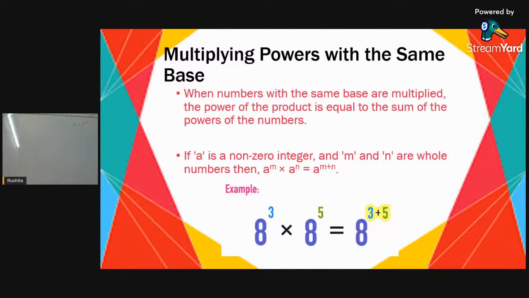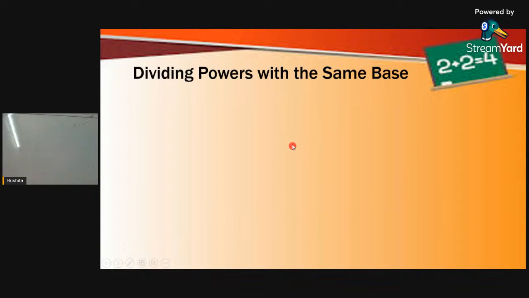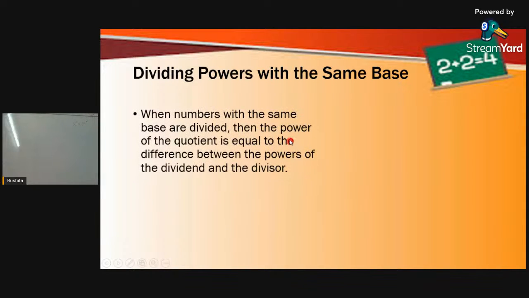So now let's go to the next one. Dividing powers with the same base. Now we are gonna divide powers with the same base. When numbers with the same base are divided, the power of the quotient is equal to the difference between the power of the dividend and the divisor.